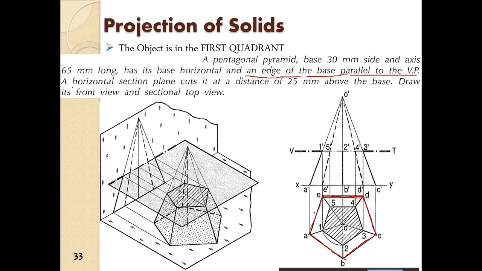Okay, so that is how we draw the top view. Once the top view is drawn, you project up, and it is given, it is 65 mm long. So this is 65 mm long. So this is the point O, you project it up at 65 mm long and you join these points.